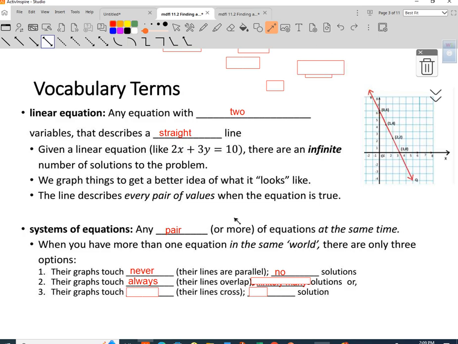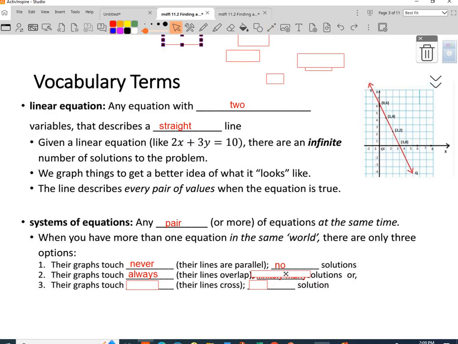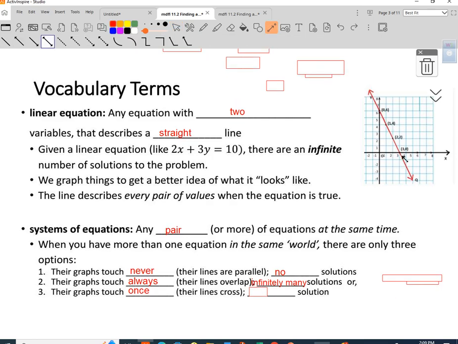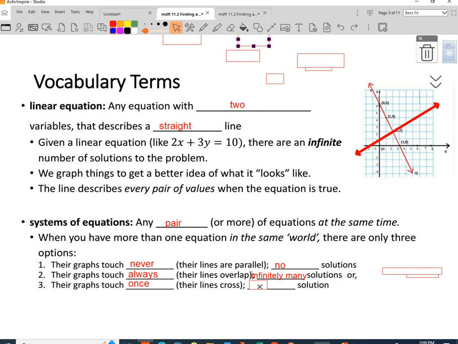And if that happens, there's an infinite number of solutions, infinitely many. That means every point on that line is a solution to both equations. And if the graphs only touch once, and that would look something like this, then the solution to this system of equations is this point here where they intersect at (2, 2). So a system that intersects in one point has one solution.